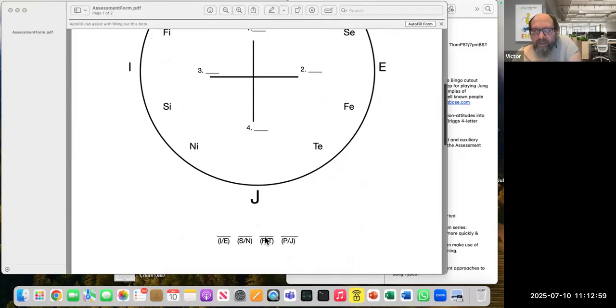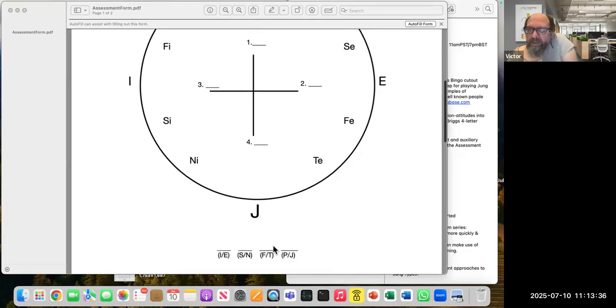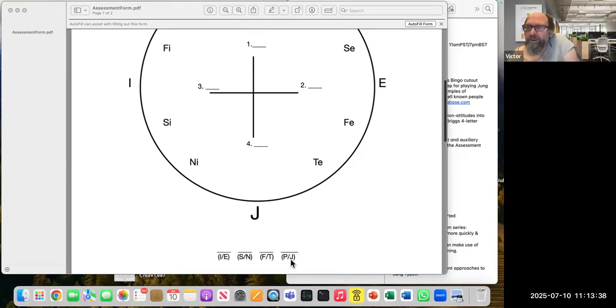You see these four lines. This is where the four letters, the Myers Briggs type four-letter code, will go, and they're positioned in this way. If it's the I or the E for introverted or extroverted, the S or the N for sensing or intuition, and in the third position, it's going to be the F or the T for feeling or thinking, and in the fourth position, it'll be the P or the J.